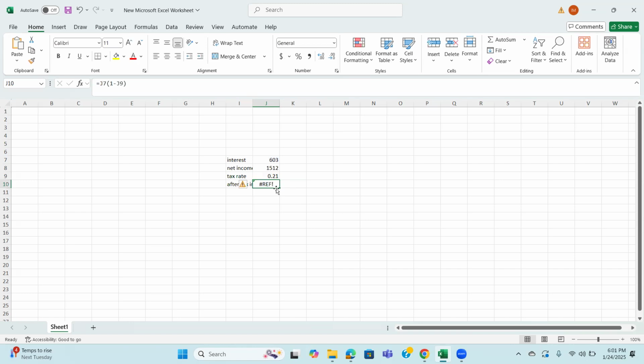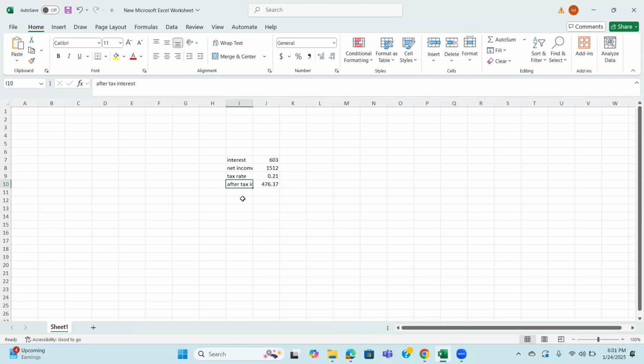So this is our interest, and then we multiply our tax advantage here, and thus we get our after tax interest, and our net income is 1512.